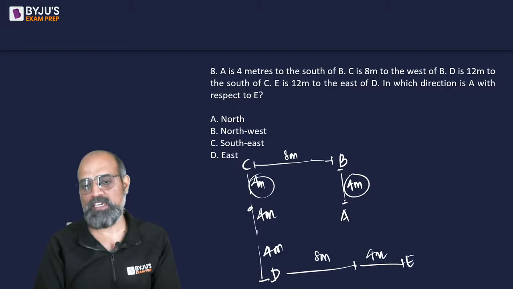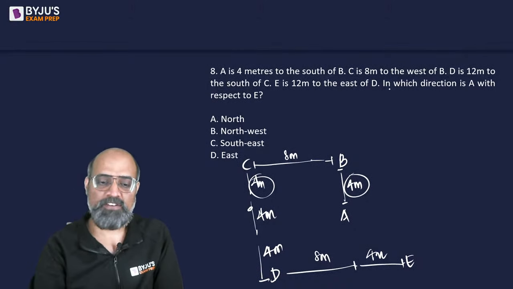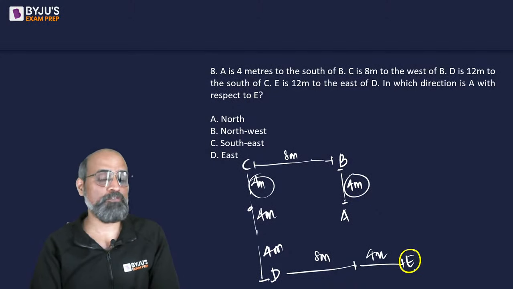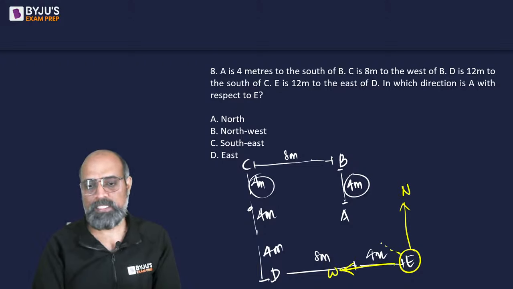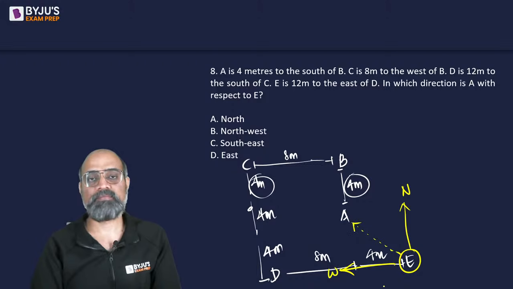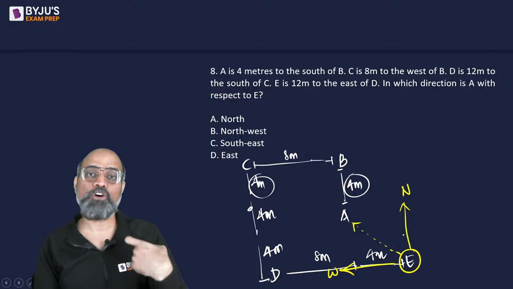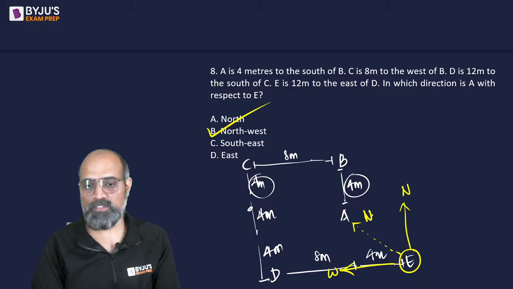So this is where E is, 12 meters to the east of D. Now the question is, in which direction is A with respect to E? With respect to E means you have to go and stand at E and find out in which direction A is going to be. Since A is between north and west, the answer is northwest.